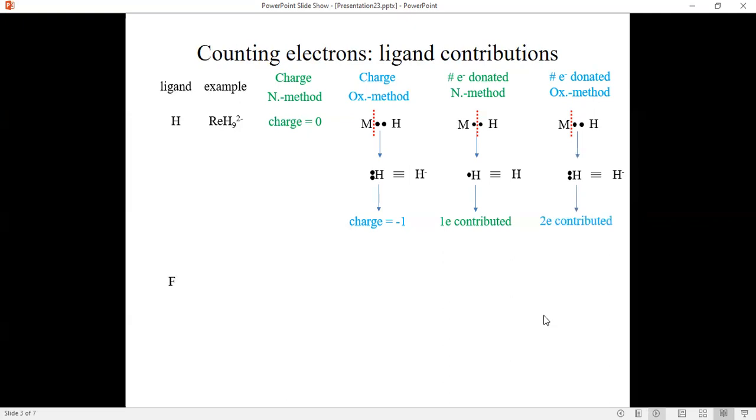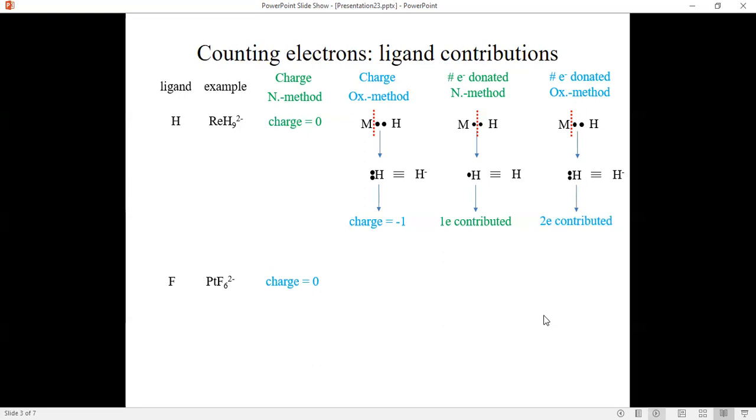Okay, another example, a fluoro ligand. An example for that would be, for instance, hexafluoroplatinate 2-. The charge in the neutral atom method would be necessarily 0. It's always 0. So what would be the charge, however, with the oxidation state method?